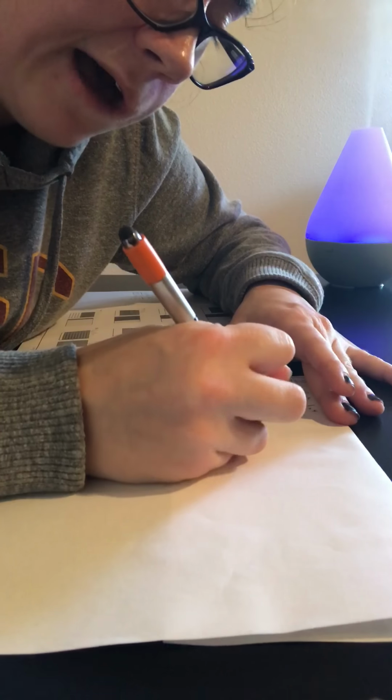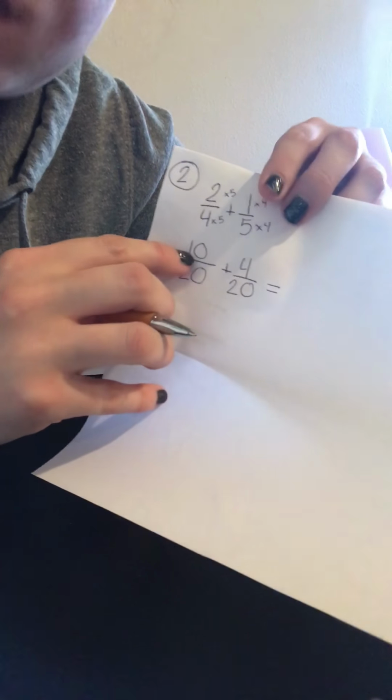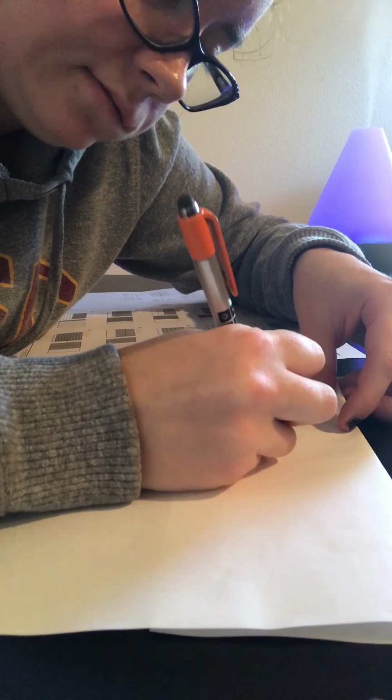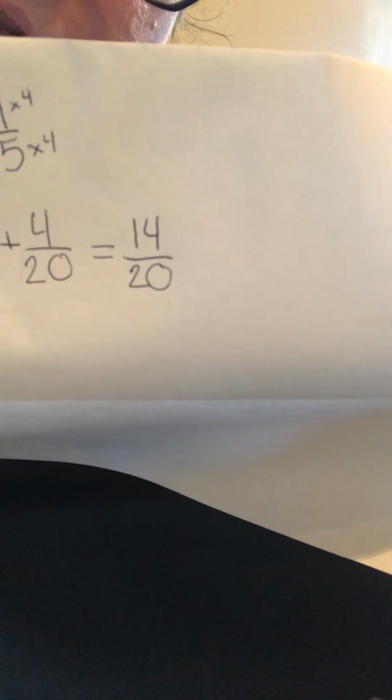Okay, so now we're going to add across our numerators. 10 plus 4 is 14. And the denominator, we bring it straight across. It's 20. 14/20. That's the answer we got.